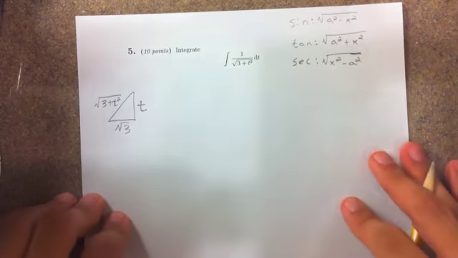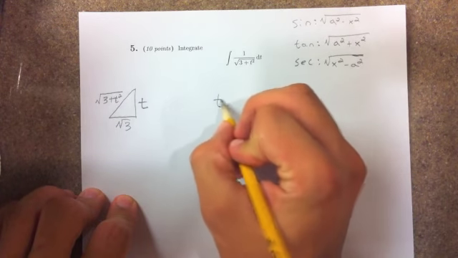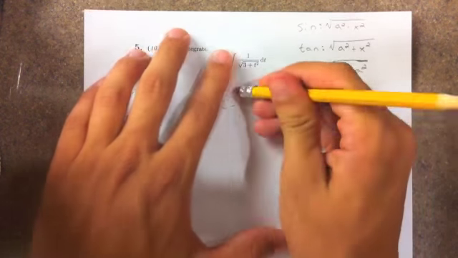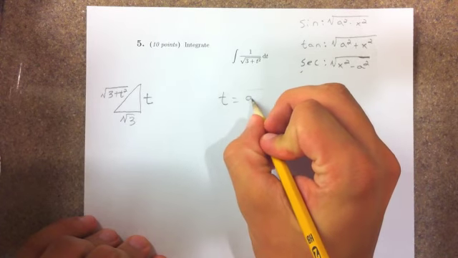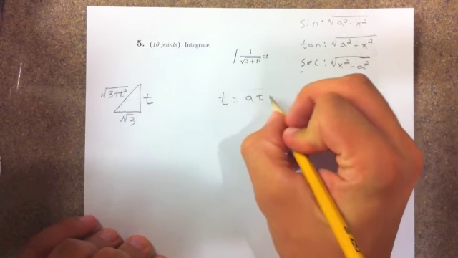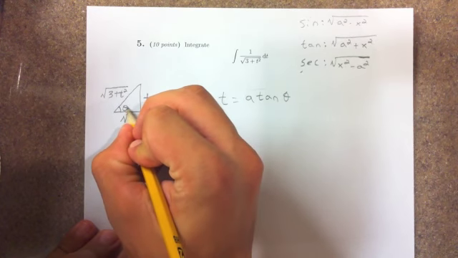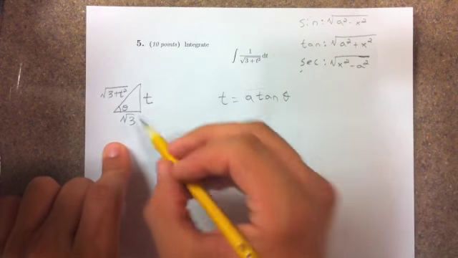Okay, and now the trigonometric substitution for tangent states that t is going to equal a times tangent theta. And this is where we draw our theta from. So what we know from that is we can start plugging in what we know from the triangle.